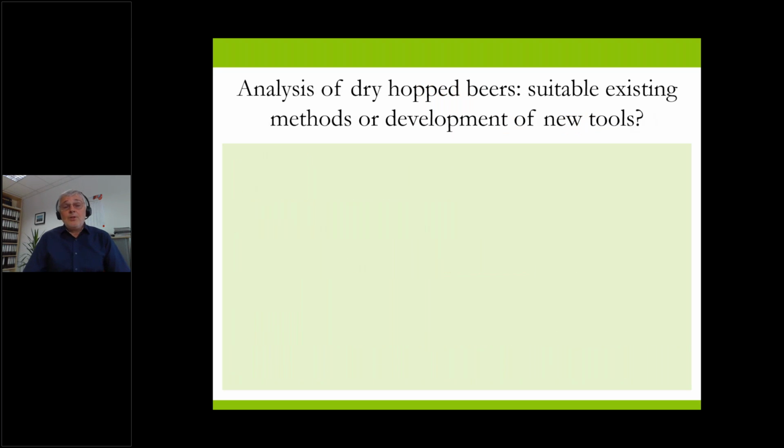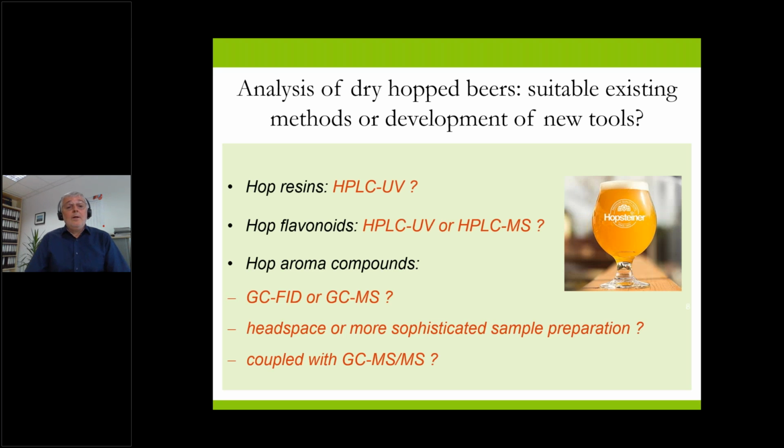So now we know which parameters we have to analyze in dry hop beers. The next question is: is there a suitable existing method, or is it necessary to develop new tools and new methods? For hop resins, we know there are existing EBC methods with HPLC-UV. The question is, can this be used for dry hop beers?